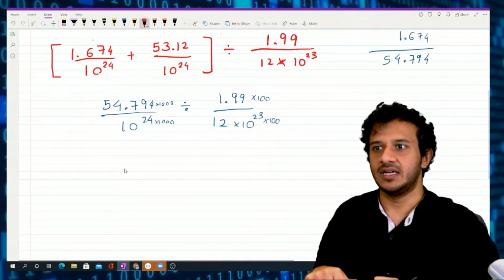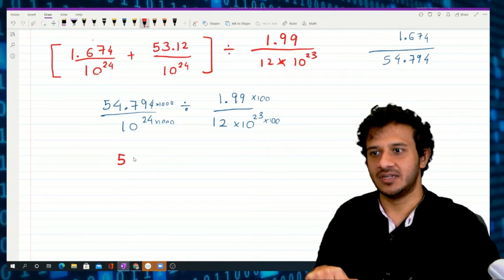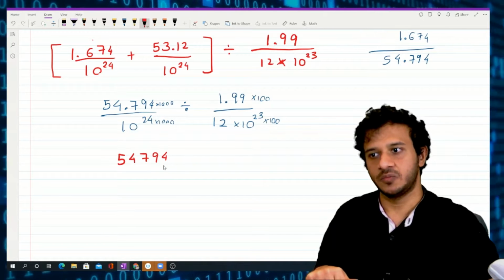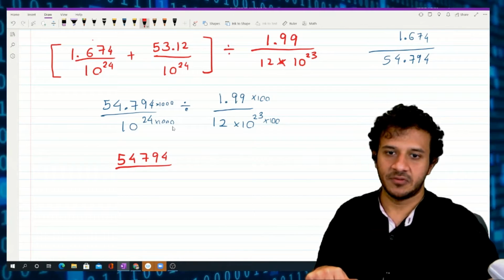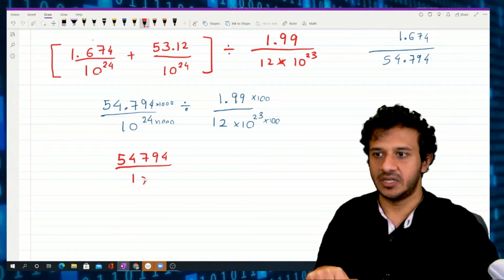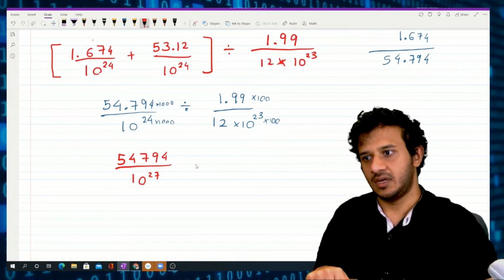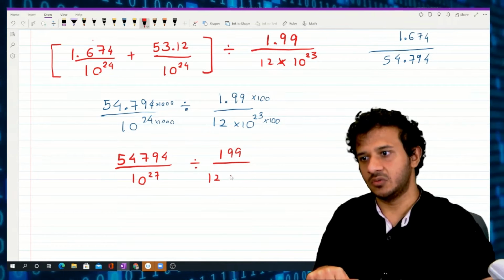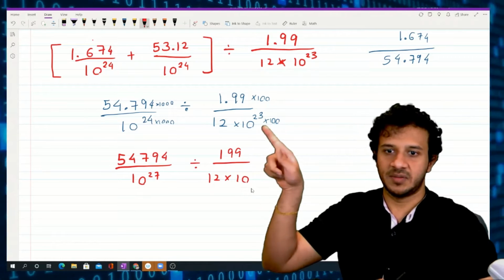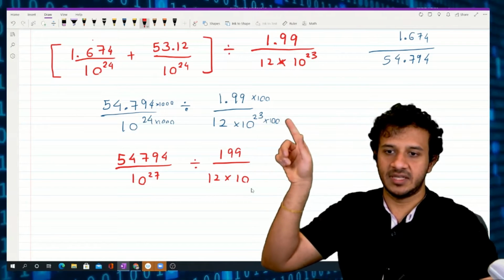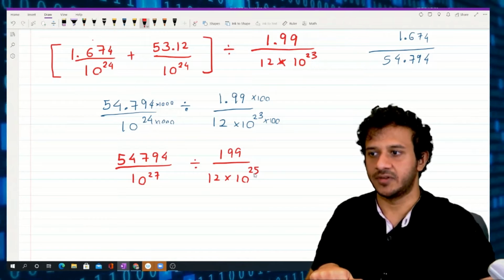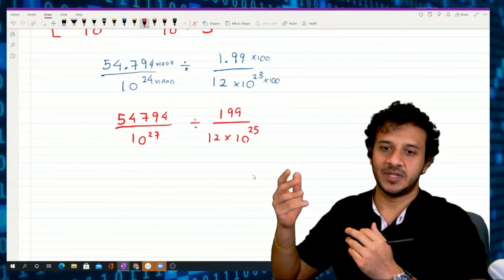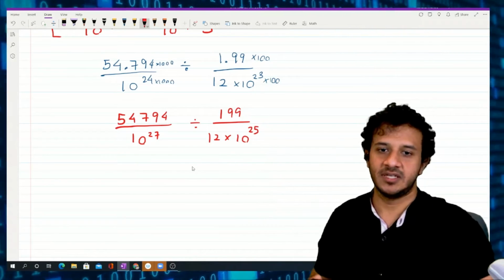Now I will get a much clearer and nicer number, such as 54,794 over 10 to the power of 24 multiplied by 10 to the power of 3, which becomes 10 to the power of 27, and then divide by 199 over 12 times, this gets multiplied by 10 to the power of 2. 10 to the power of 23 and 10 to the power of 2 will become 10 to the power of 25.